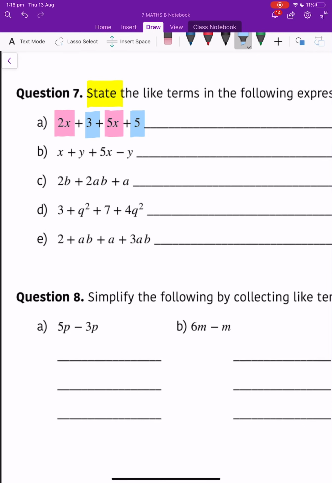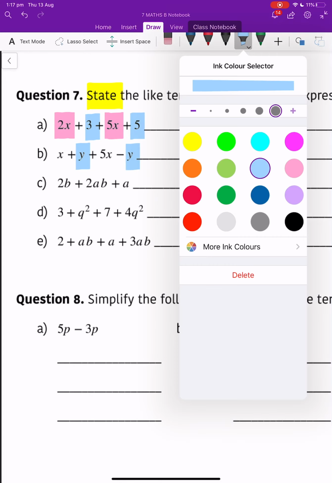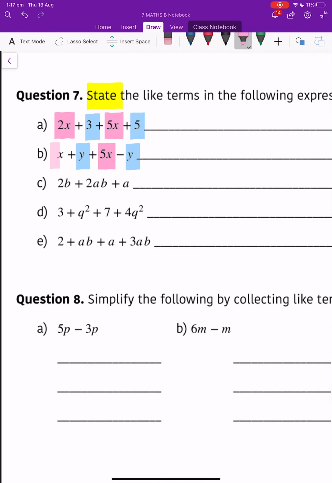Okay, in this expression B, I can see that the y terms are going to be like terms, and so is my 5x and x by itself. And the reason that is is because this has a little invisible 1 on it, okay?